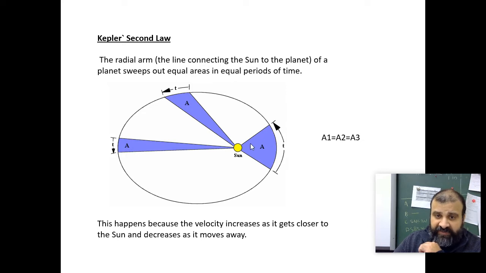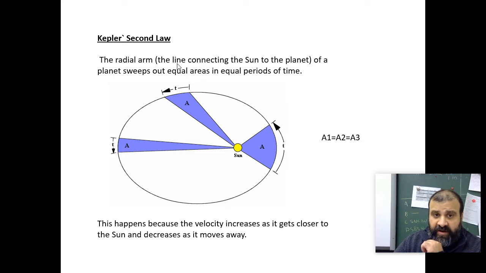But the area of this triangle is going to be the same as this triangle and the same as this triangle. The amount of time is the same. The area that is covered from time 0 to time 1, the area of this triangle, is the same as the area of this triangle and this triangle.